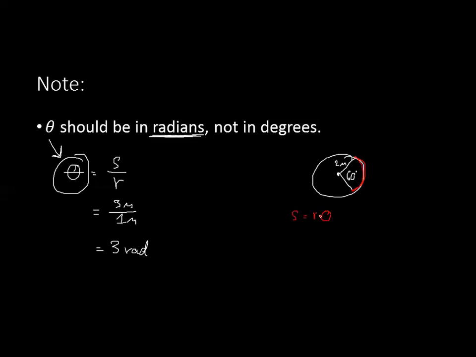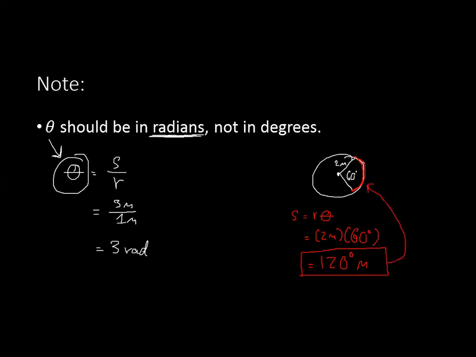Let's say we just let theta be in degrees. The radius, of course, is 2 meters, times theta, 60 degrees. So the result would be 120 degrees meters. Tell me, in reality, have you encountered this type of measurement? Because in reality, there's no such thing as 120 degrees meters.